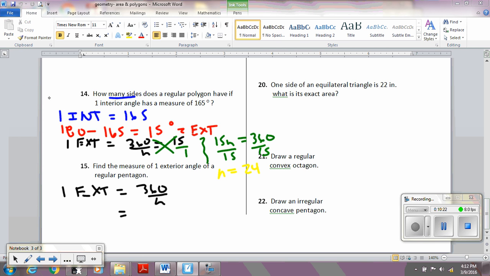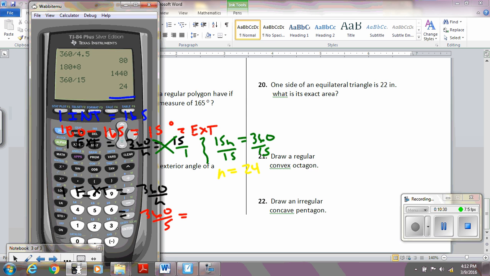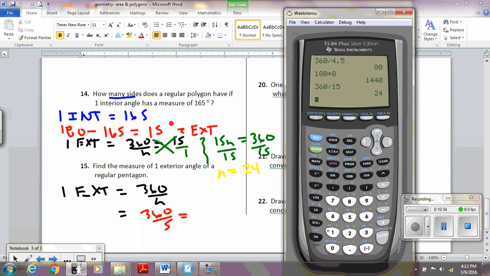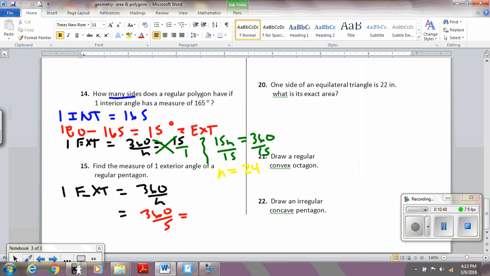So we're going to replace n with 5. So it's 360 divided by 5. And grab our calculator. And we get 72. So each exterior angle would be 72 degrees.